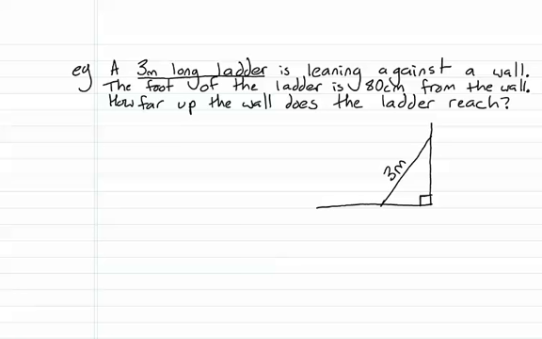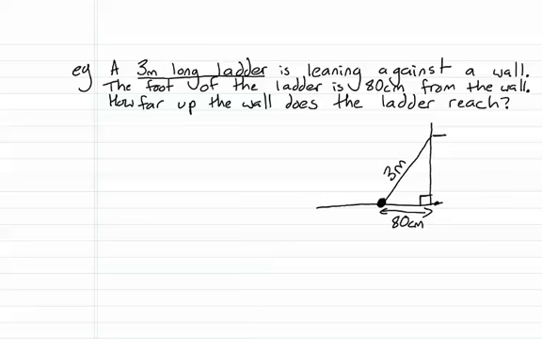The foot of the ladder means the bottom of the ladder where it's touching the ground. And it's 80 centimeters away from the wall. So that distance there is 80 centimeters. And it says, how far up the wall does the ladder reach? They want to know from the bottom of the wall to the top, how far does the ladder go?